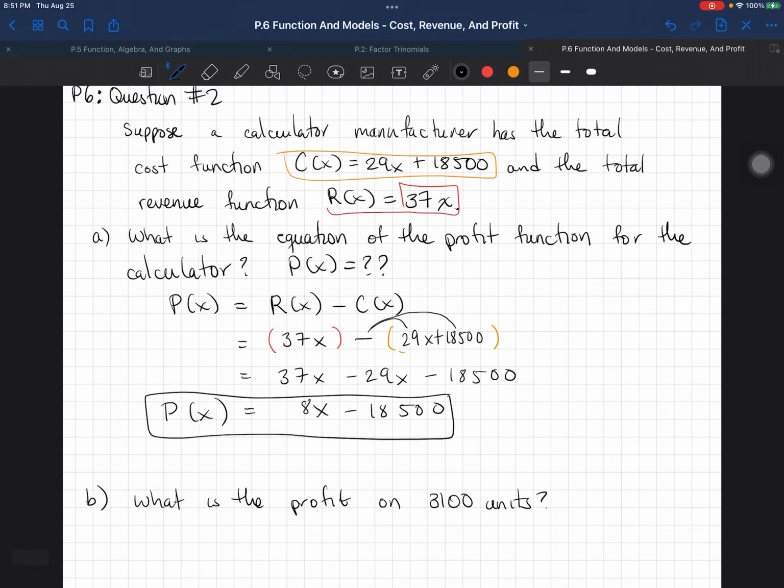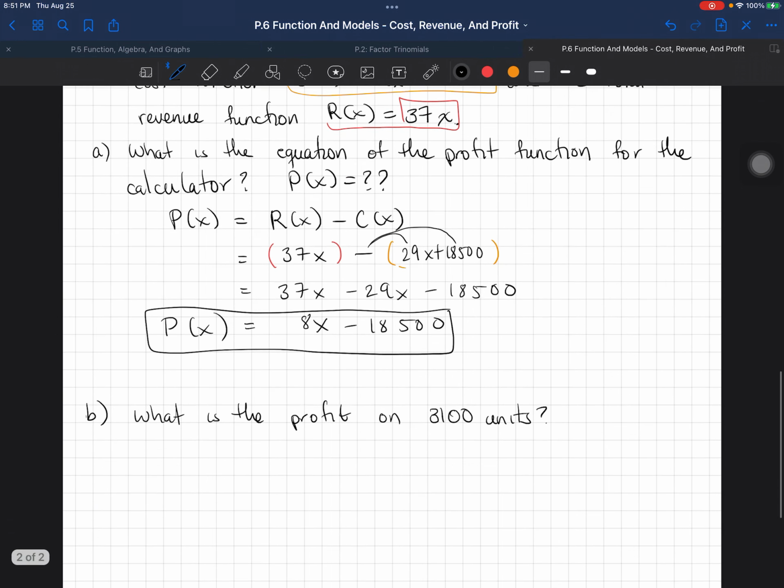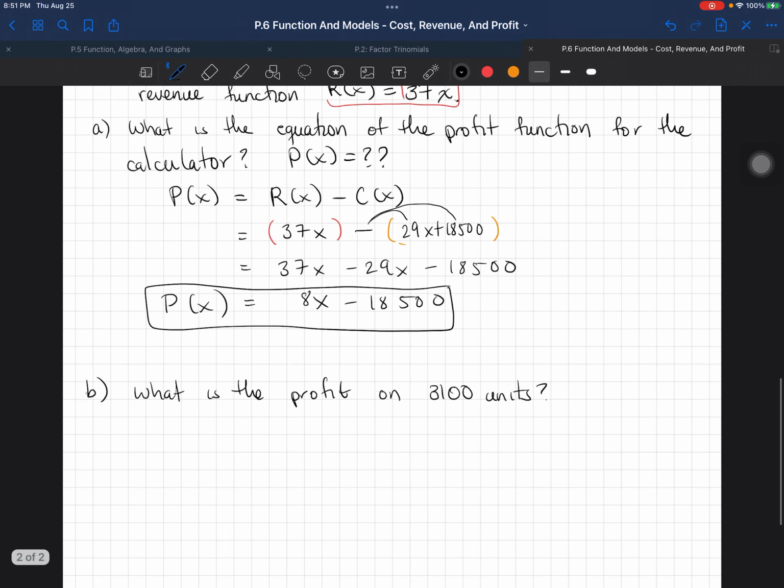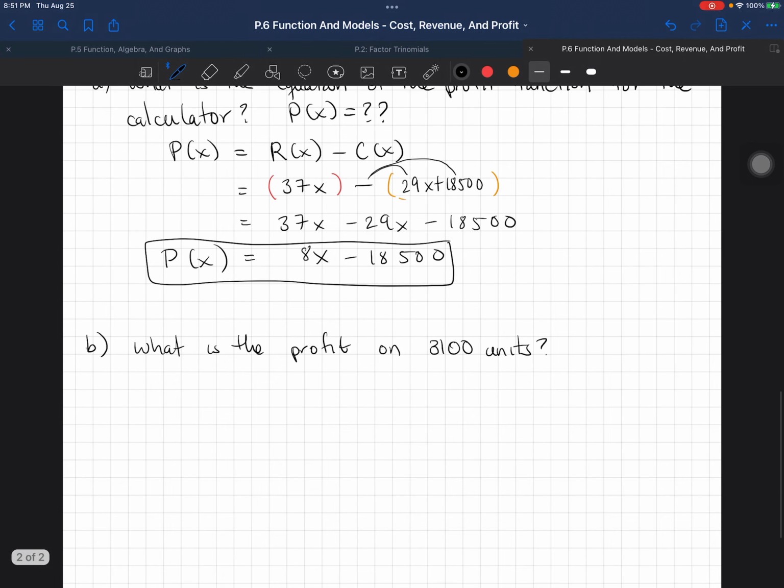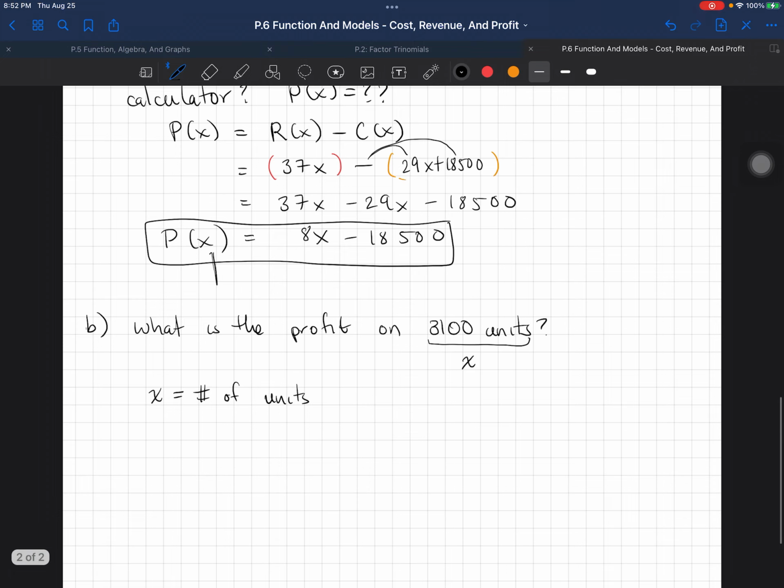All right, so the next part of the question is asking us what is the profit on the production of 3,100 units. So in this case, when they refer to the units, they're referring to x. X is the number of units.